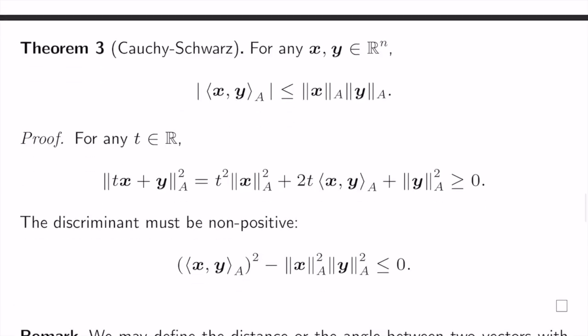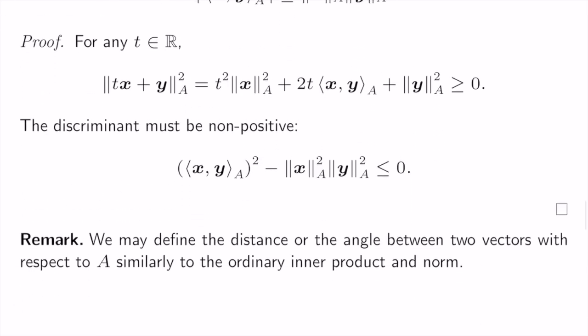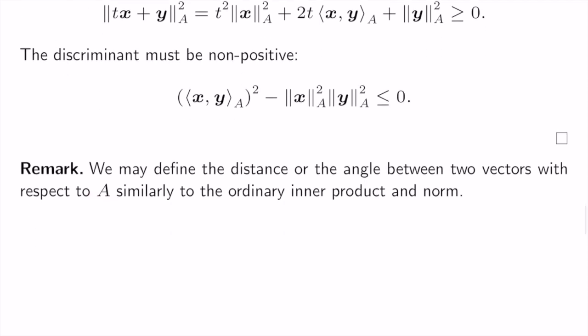And again, from this inequality, we may define the distance or the angle between two vectors with respect to A. That is the angle, for example, between the two vectors.